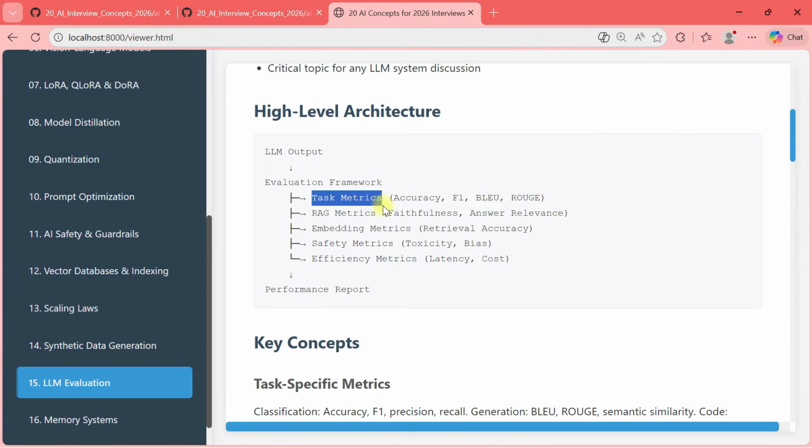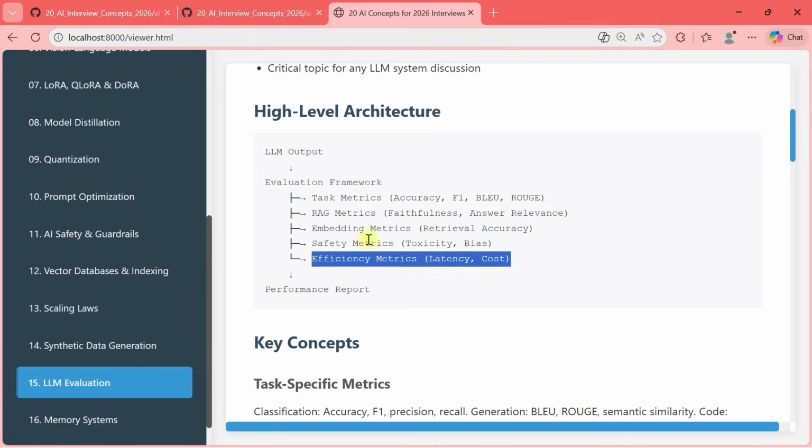If you are evaluating on task, you need to see accuracy, F1, BLEU, ROUGE, etc. If you are evaluating on RAG, you need to see faithfulness, answer relevance, chunking. Embedding metrics are about retrieval accuracy. Safety measures cover toxicity, bias, unfairness, whatever we discussed in guardrails. Efficiency metrics: latency, cost, throughput, all these you can measure.